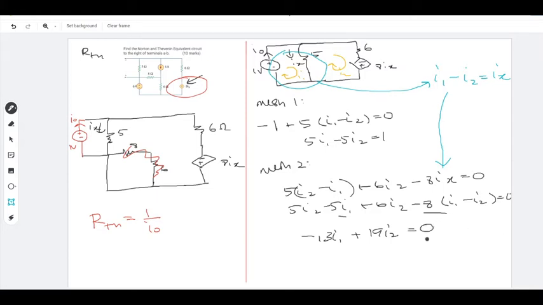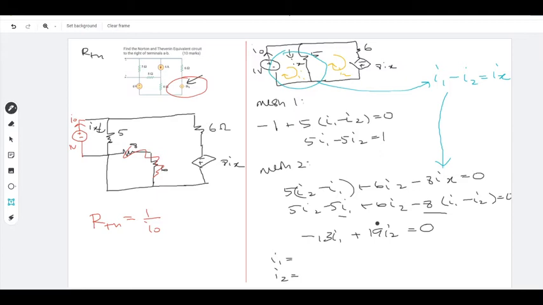Okay, so you plug into your calculator. There are only 2 variables, I1 and I2. First one is 5, next one is negative 5, and then 1. The next one is negative 13.